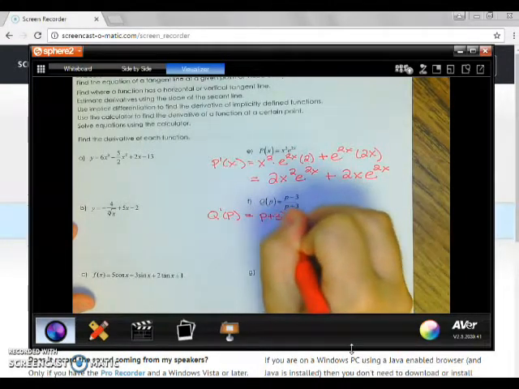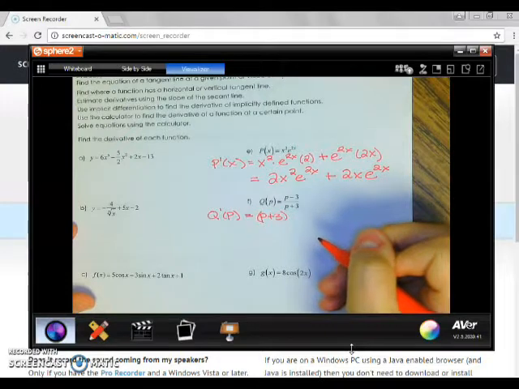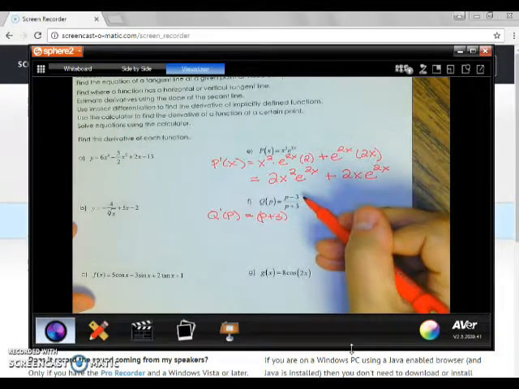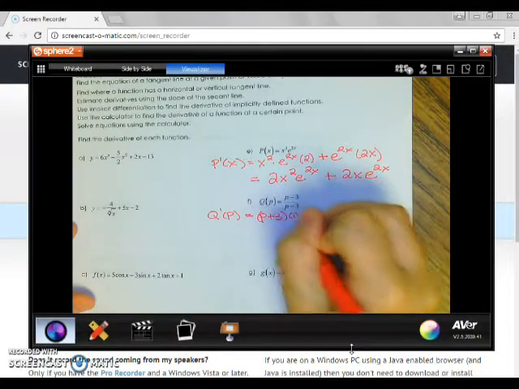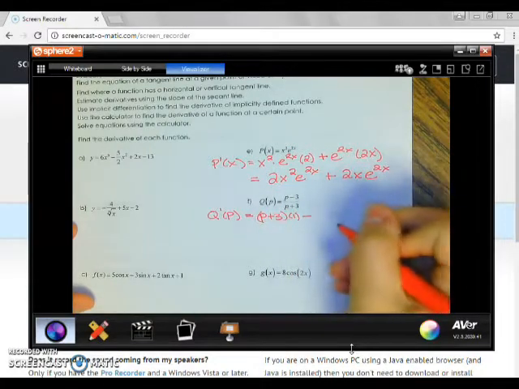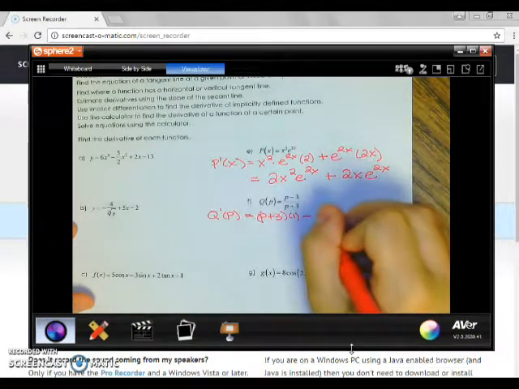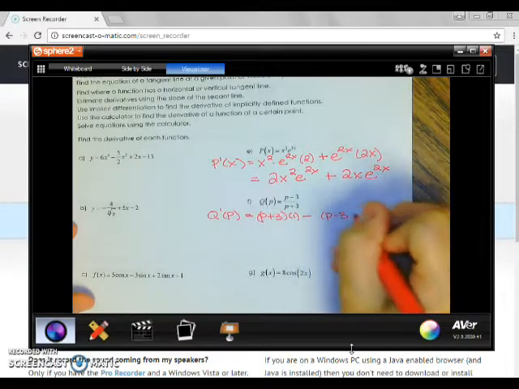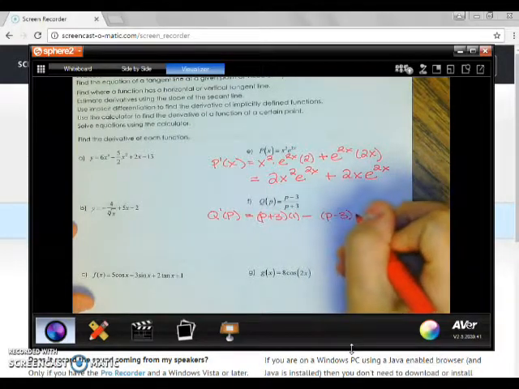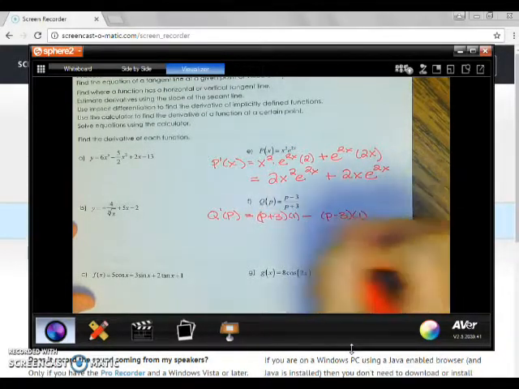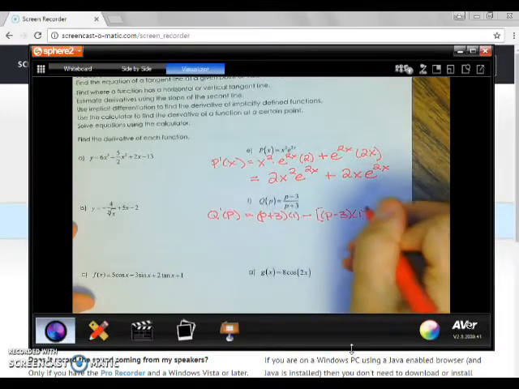So it's p plus 3 times the derivative of the numerator. Well, the derivative of this numerator is just a 1, so that's pretty easy. Minus high d low. Well, the high one is p minus 3, and the derivative of the low one is 1 again, all over low squared.